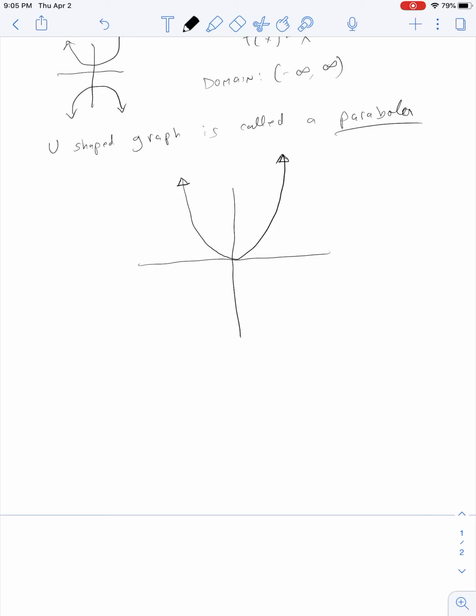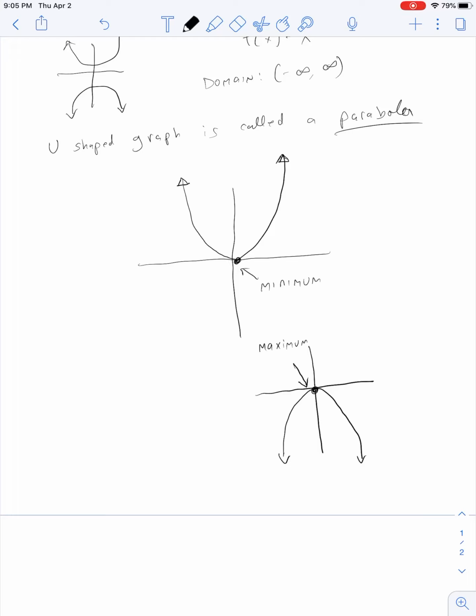A quadratic function can have a lowest point, which is called the minimum. Or if it goes the other way, it has a highest point. And that highest point is called the maximum.